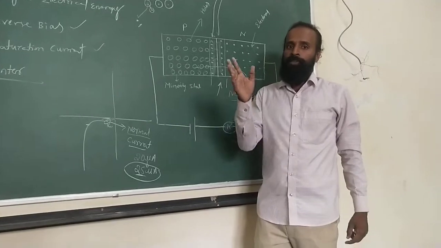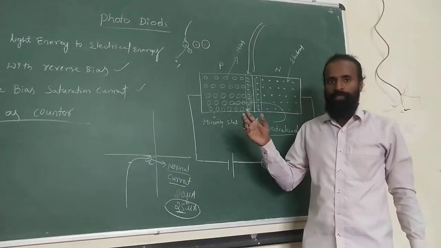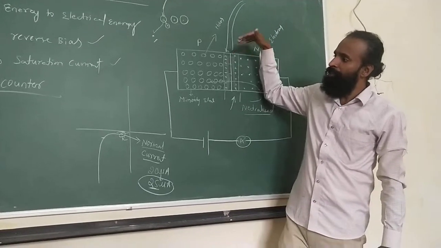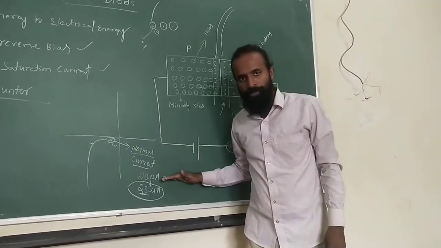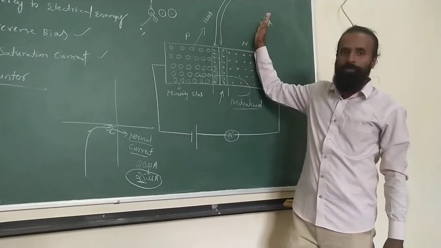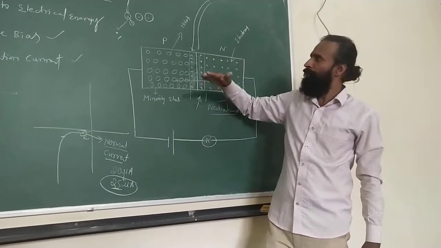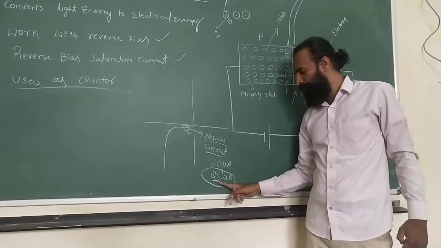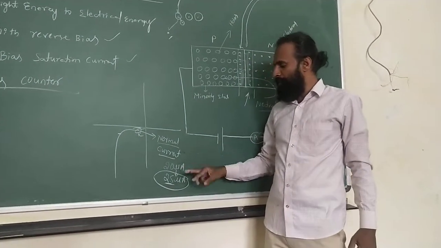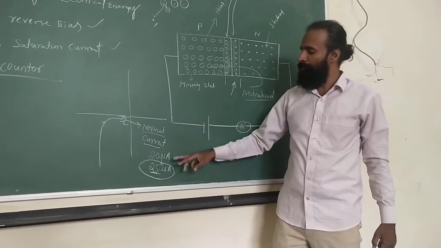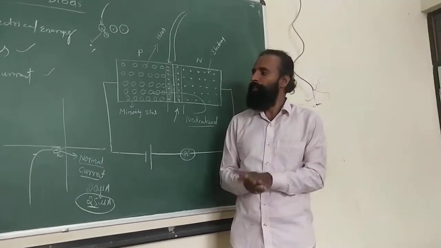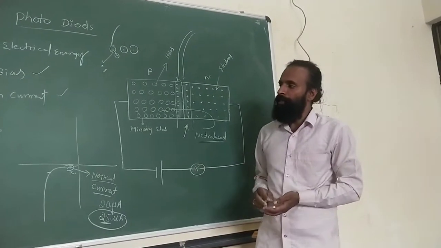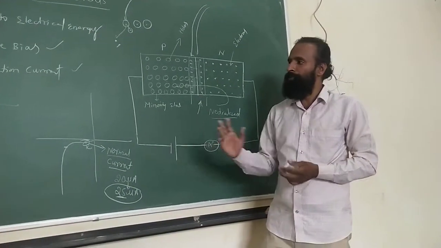Once a note is in between, it stops the light from being incident onto the diode, so the current is the normal current. Once the note exits the path of the light, the current changes to 25 microamp. So the current changes from 20 to 25, 25 to 20. By counting that, we can count the number of notes. So this is another example.